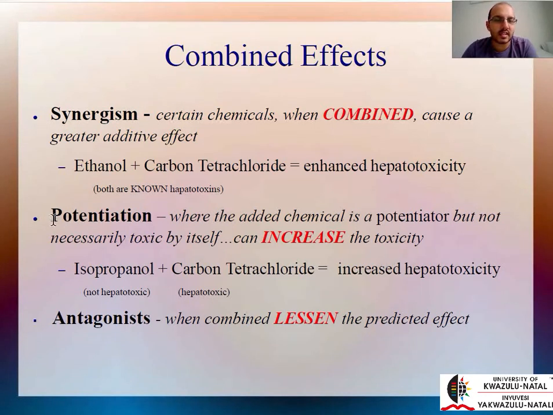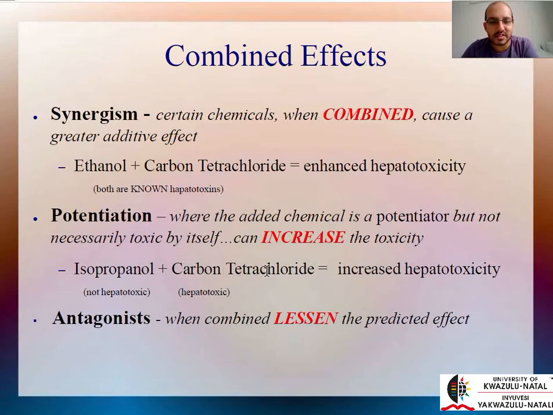Then there's the other effect of potentiation, where the added chemical is a potentiator, but not necessarily toxic by itself. So you have a certain chemical that's not really toxic by itself, but if it's added to something else, it can increase the toxicity of that toxin.